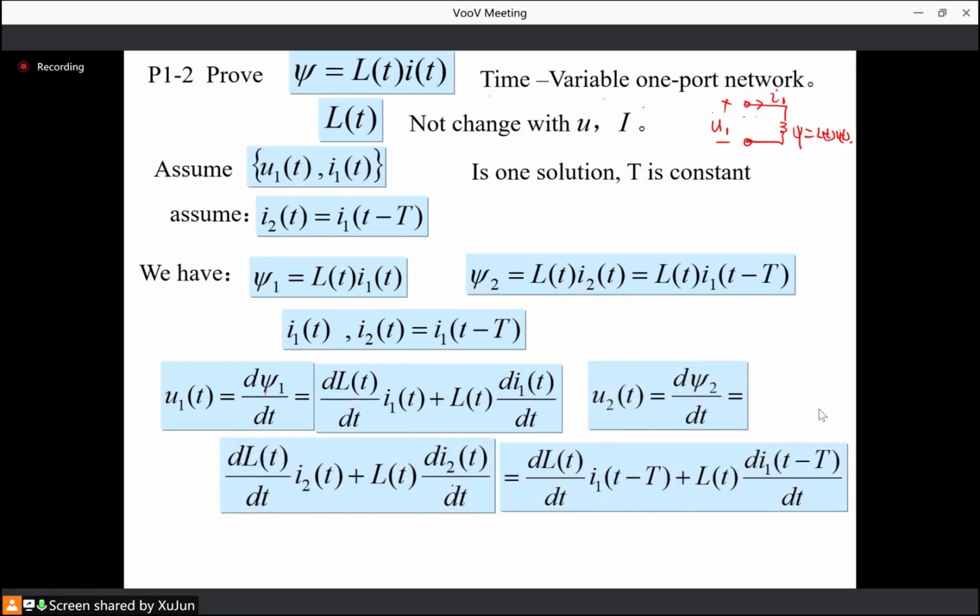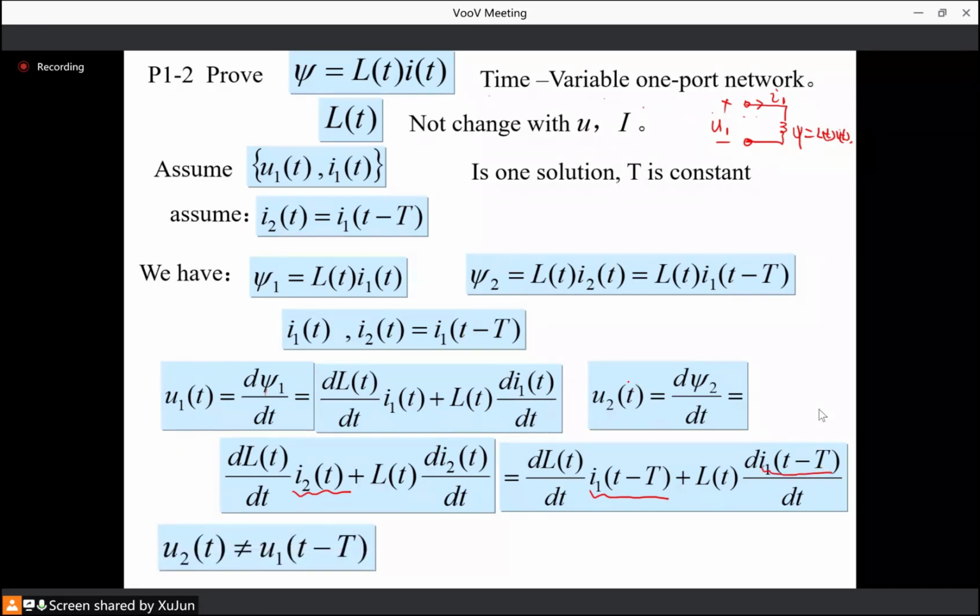And then we can find d/dt of L(t) i2(t), which is L(t) di2/dt plus the derivative term. So this i2(t) is i1 delayed.